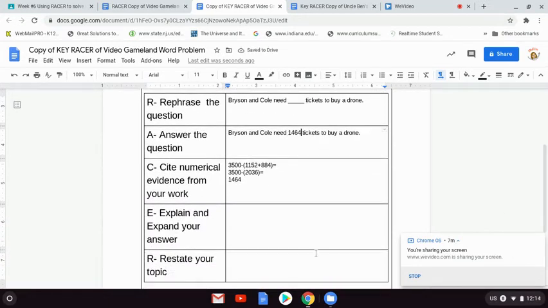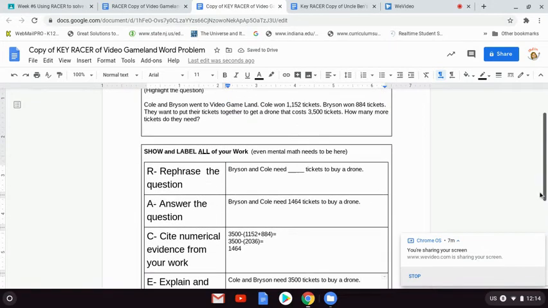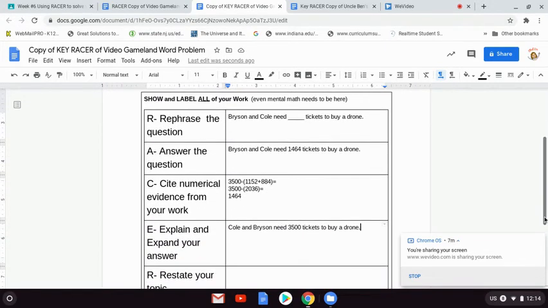Okay, and then E is to explain and expand your results. I'm going to explain what I did there. So Cole and Bryson need 3,500 tickets to buy a drone. Cole has 1,152 tickets.